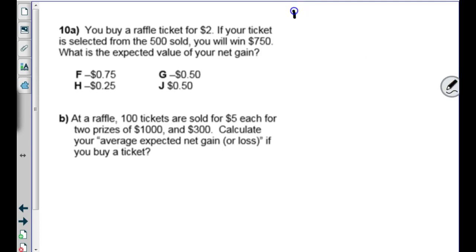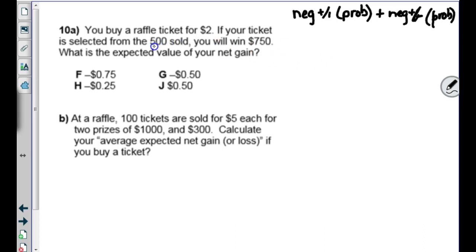Remember, it's net gain or loss times probability of that happening plus net gain or loss times probability until you've used up all the possibilities. Everybody forgets, though, that it's net gain or loss. If you buy the ticket, you have to take that away, okay?